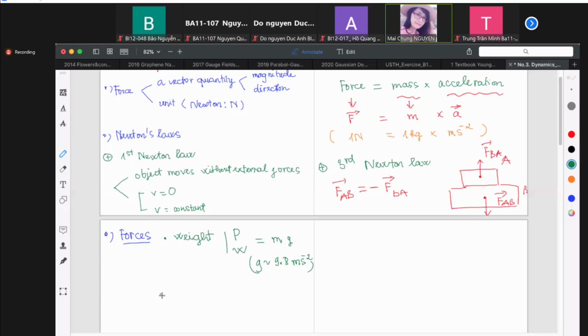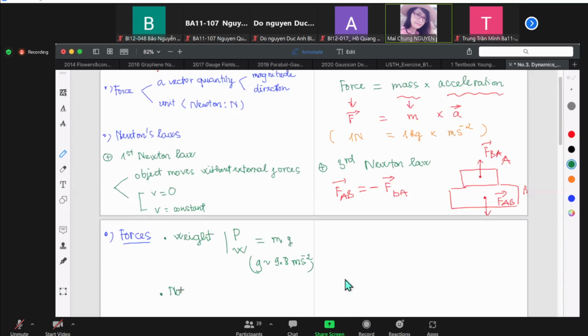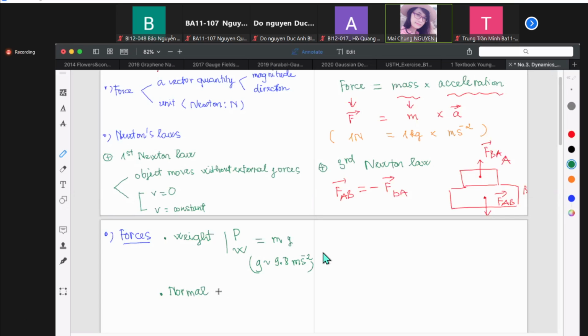The second force we could consider is the normal force. So what about normal force?